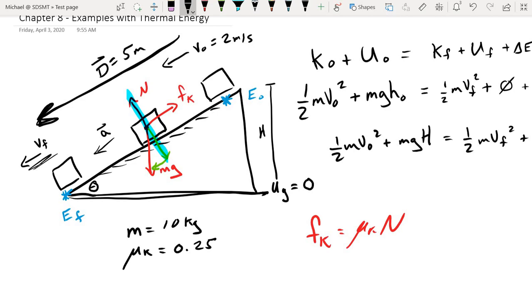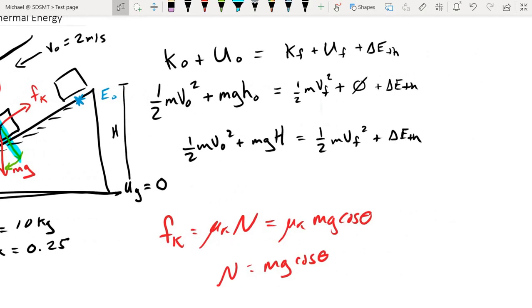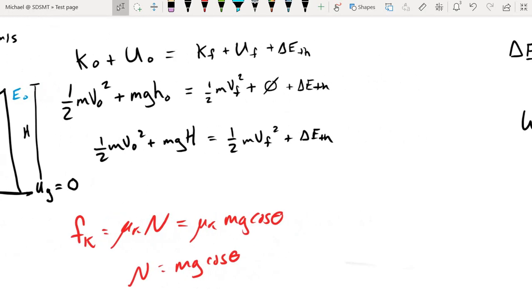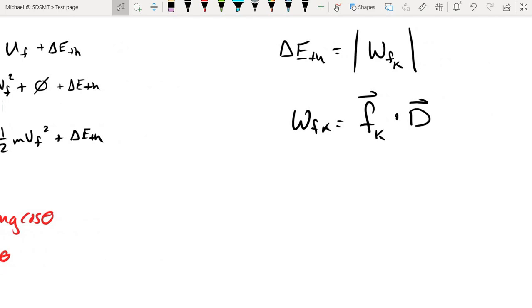And looking back in your notes, you'll see that that normal force is equal to mg cosine theta. So there's our friction force. It's mu k mg cosine theta. We need to plug all of that in right here. And we have to dot that with the displacement vector.